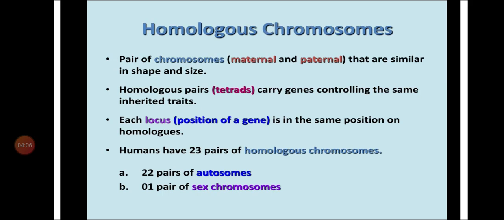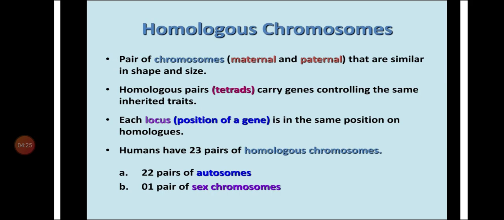The pair of chromosomes that are similar in shape and size are known as homologous chromosomes.